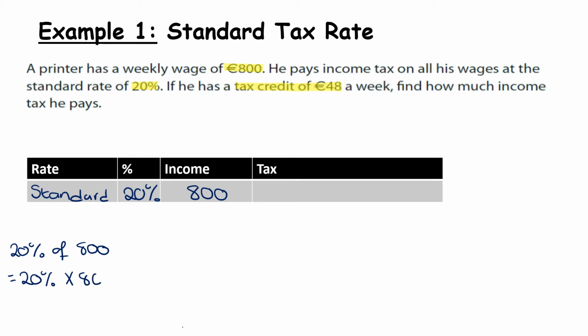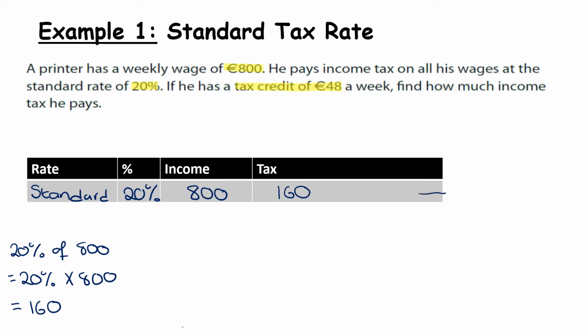Of means multiply, so you can go straight to your calculator and type this in. Just one word of warning for anyone using a Sharp calculator, you may have to put the percentage at the end. So you might have to do 800 multiplied by 20%. The reason I like this is that if we get decimals in the percentage, so if it was 13.5%, it is a little easier just to work with it rather than convert it to a decimal. So the tax is 160 euro.